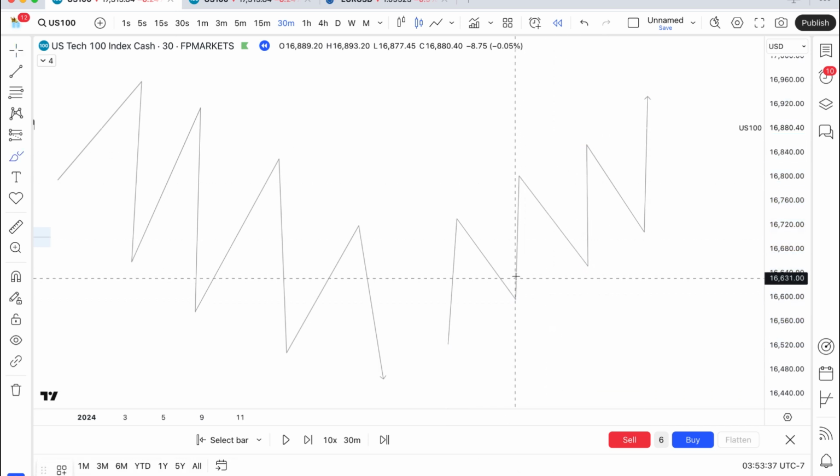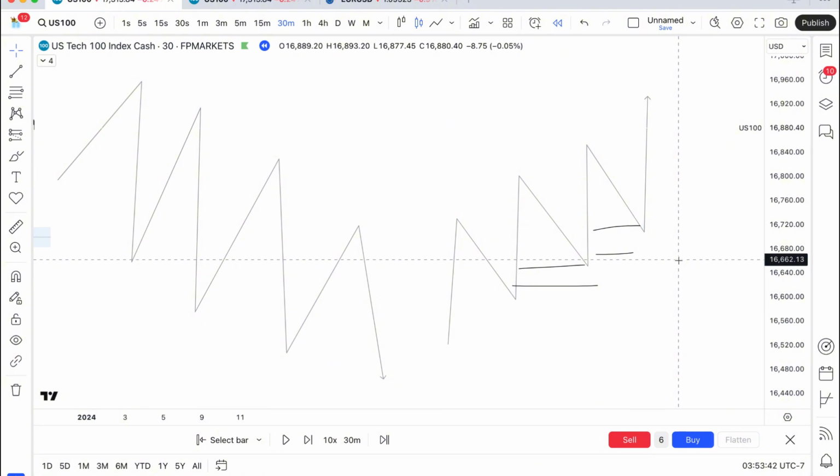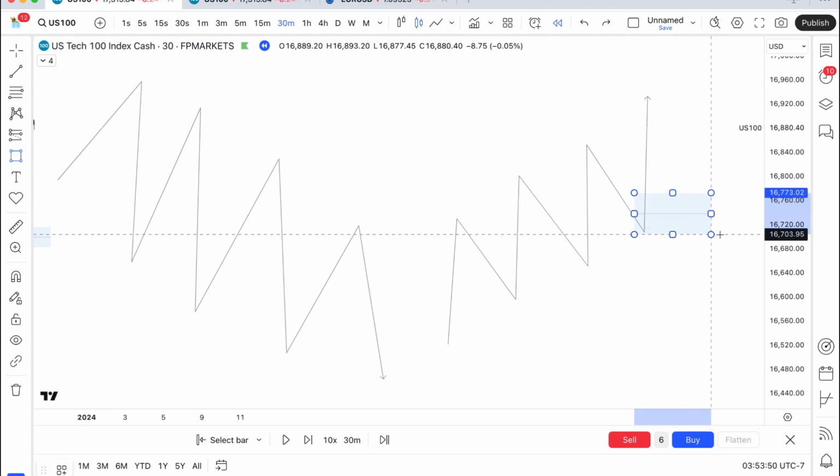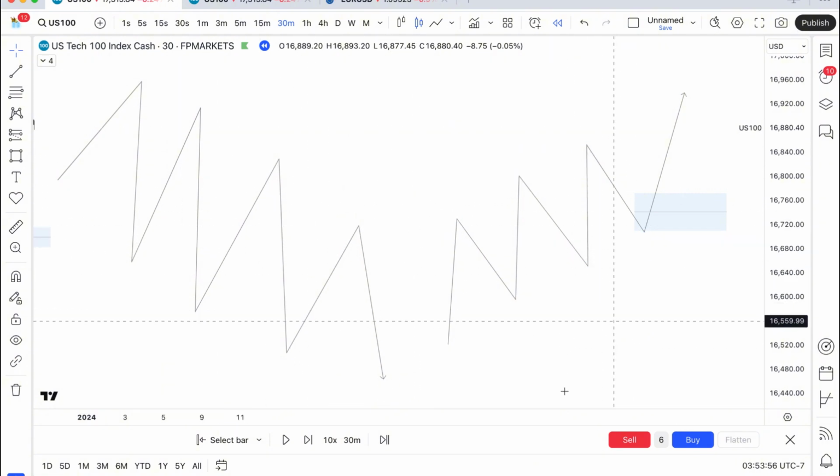Because a lot of buyers are waiting to buy here in these areas, right? Not everything is created equally. You're not necessarily going to get price coming down to these areas all the time. However, we can use this as a base model, right? Supply and demand can be used as a base model.